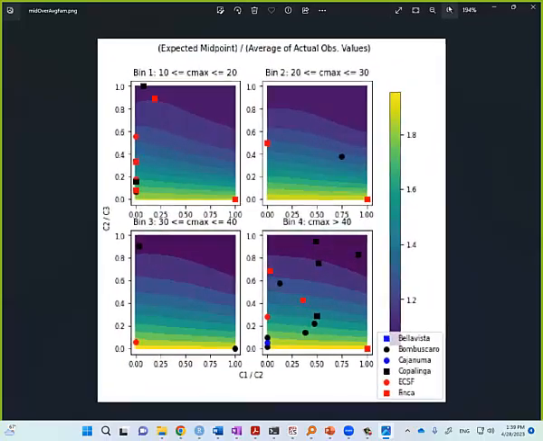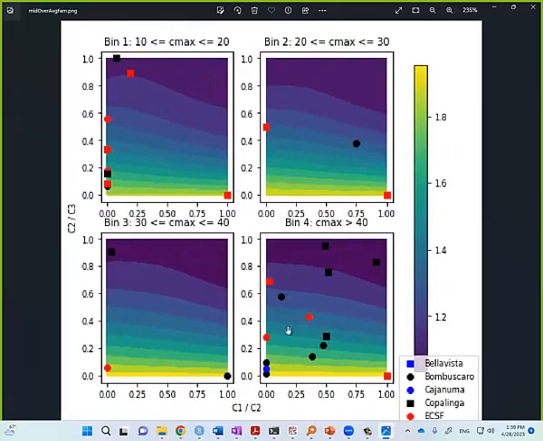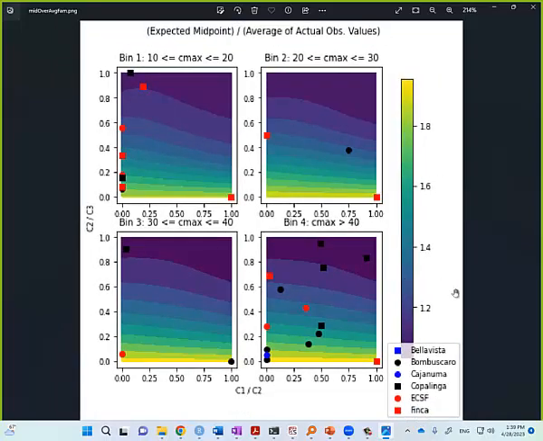So you can see for family, there are quite a few good ones. It's very interesting. For family, we can find them for Copalinga, for San Francisco. Okay, nice. In general, Copalinga is the best one.